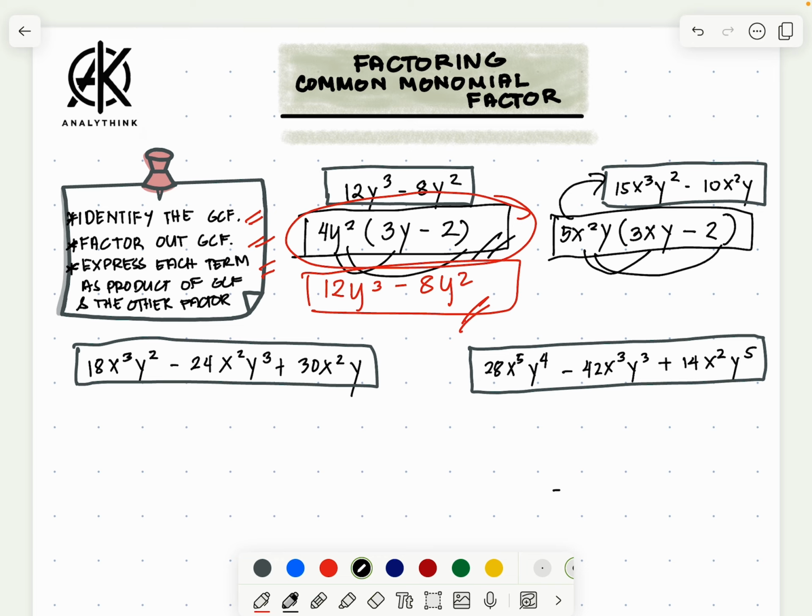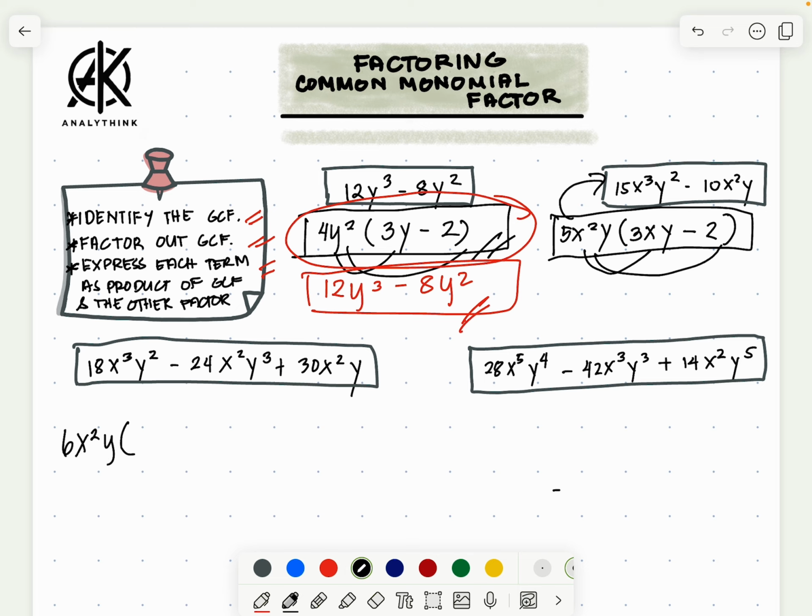Third example, you have 18x cubed y squared minus 24x squared y cubed plus 30x squared y. Looking at the terms, your GCF here would be 6x squared y.